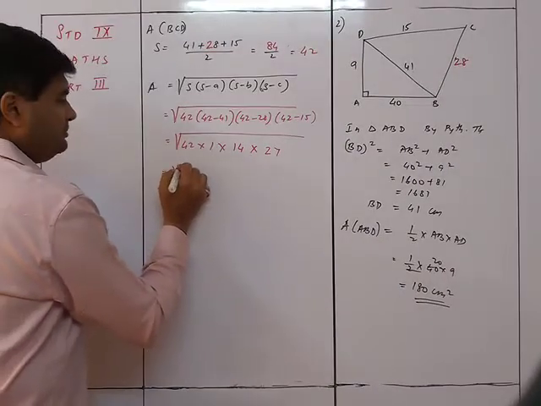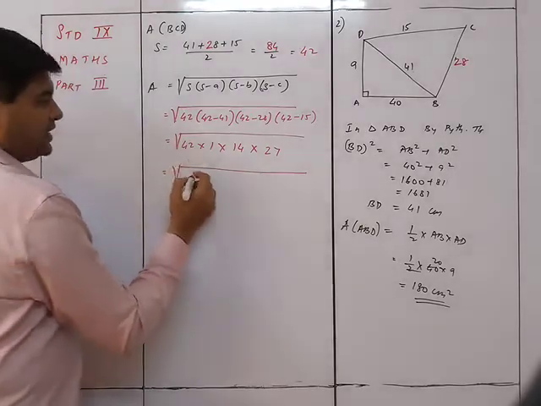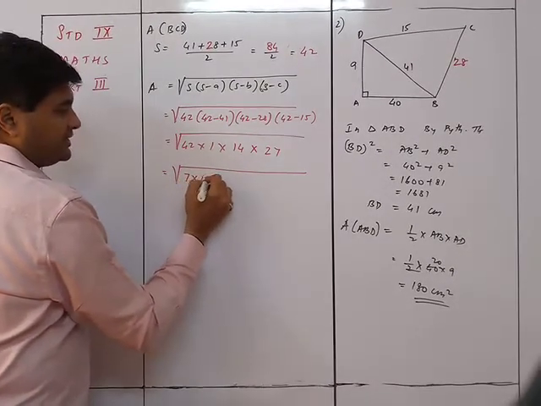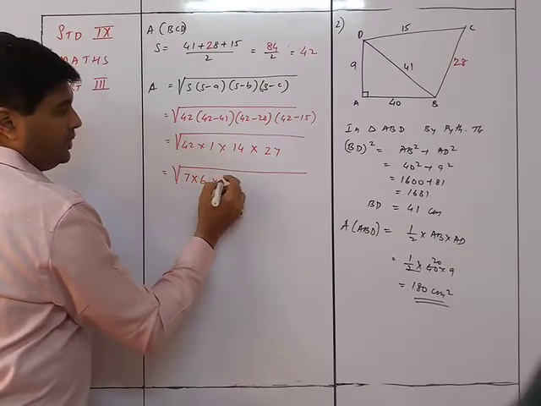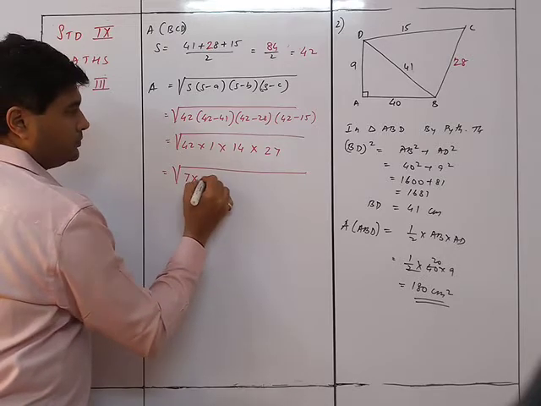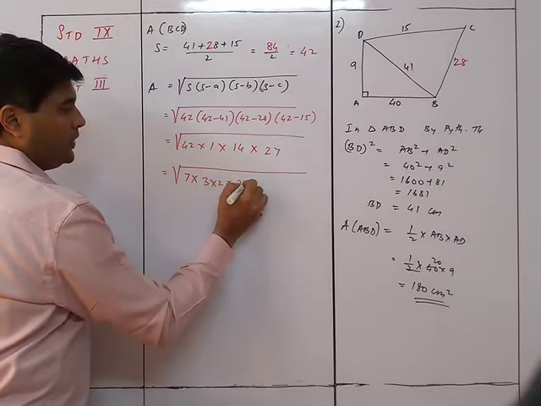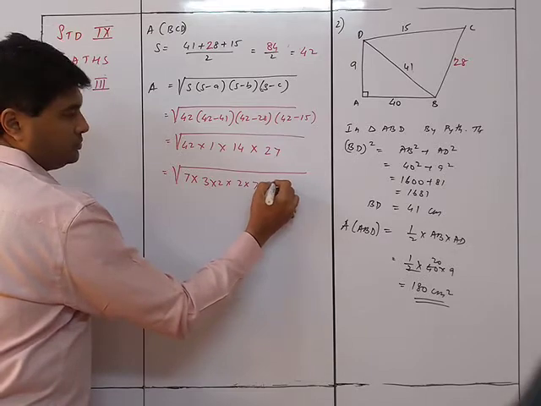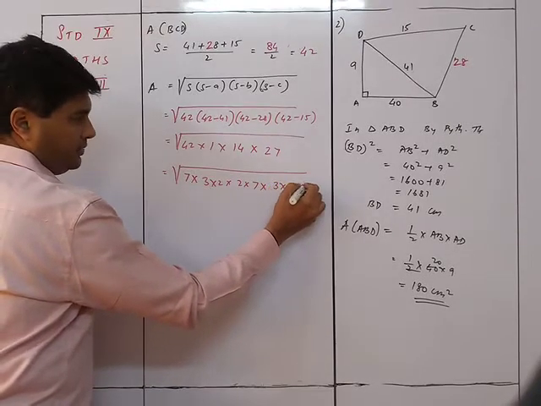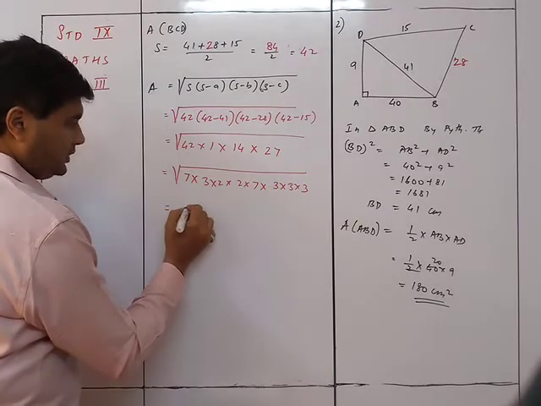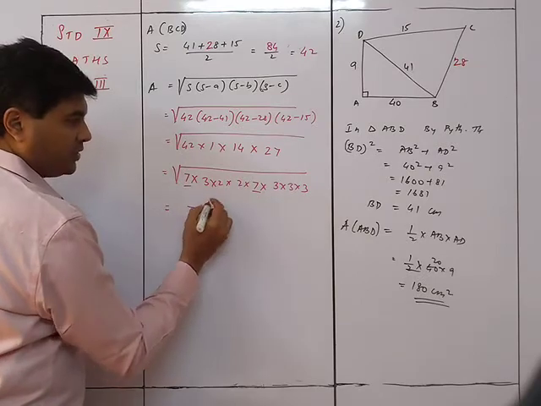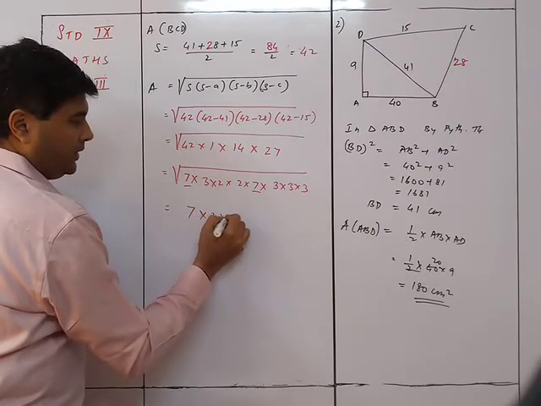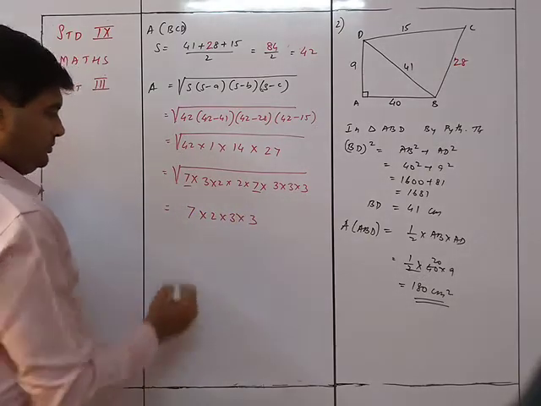So this is nothing but 7 into 3 into 2 into 2 into 7 into 3 into 3 into 3. 7 becomes first out into 2 into 3 into 3.